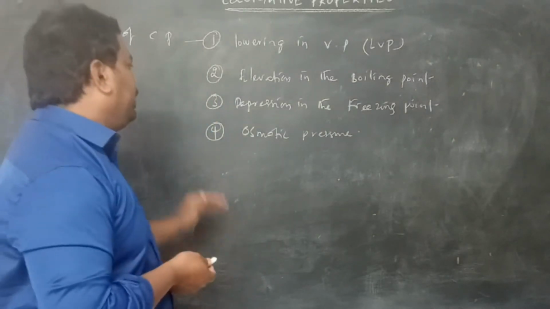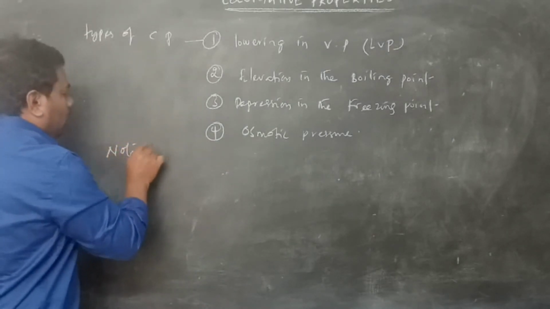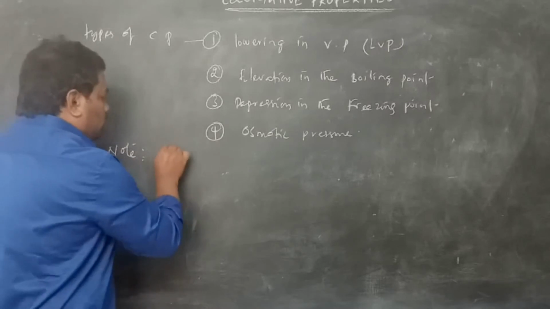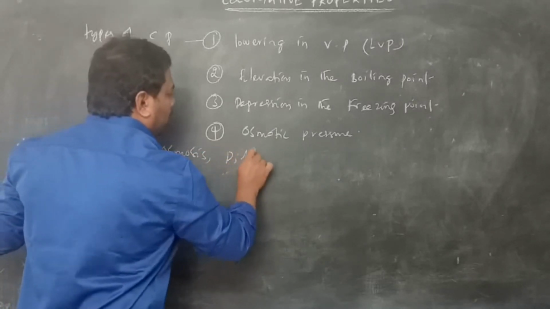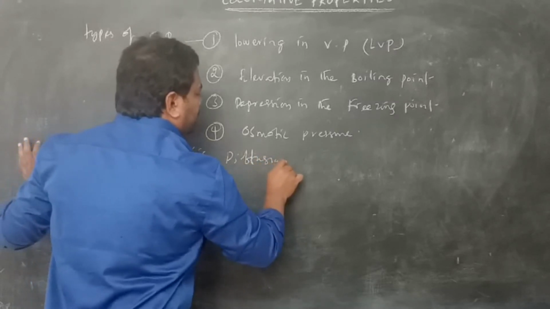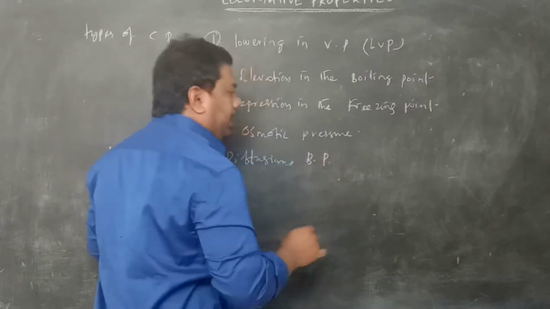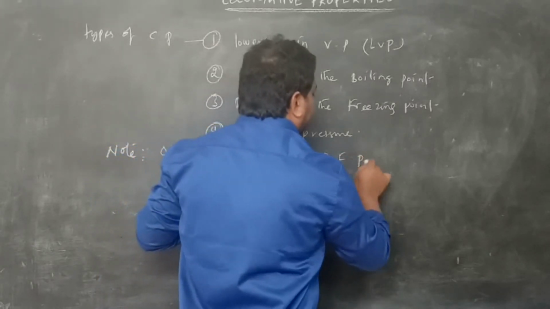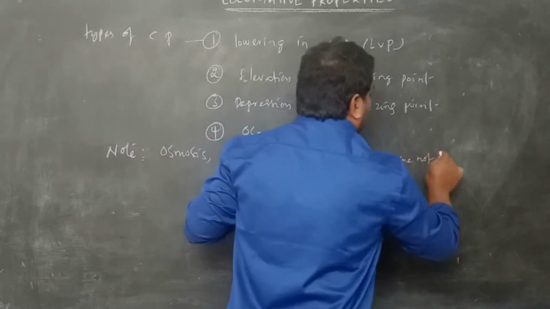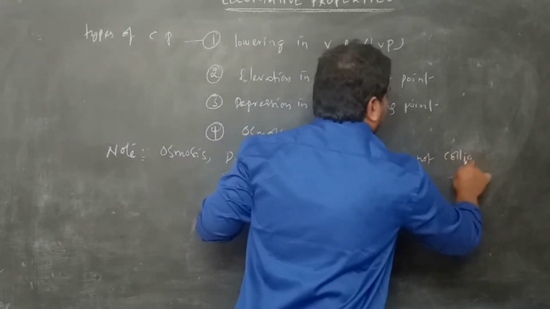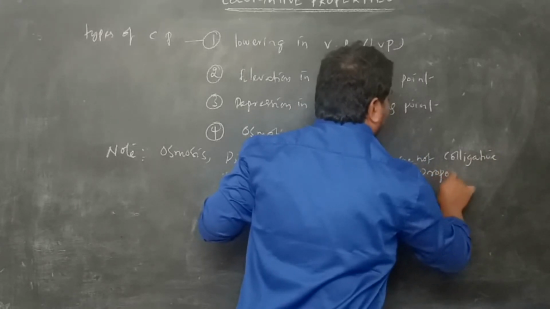Okay, students, remember the note point: osmosis, diffusion, boiling point, freezing point, and vapor pressure are not colligative properties.